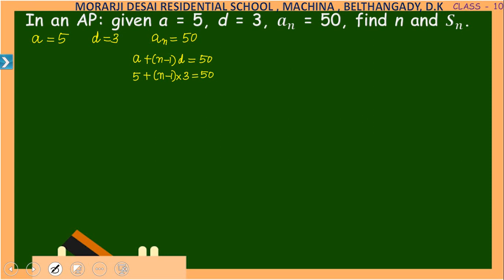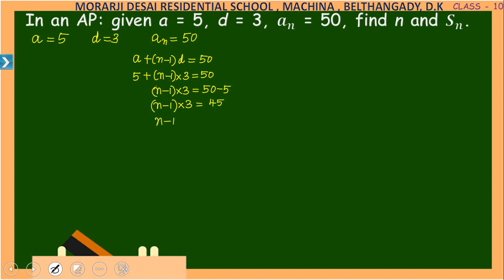Now keep n minus 1 into 3 here itself. Take 5 to the right hand side, that is 50 minus 5. So n minus 1 into 3 is equal to 50 minus 5 is 45.